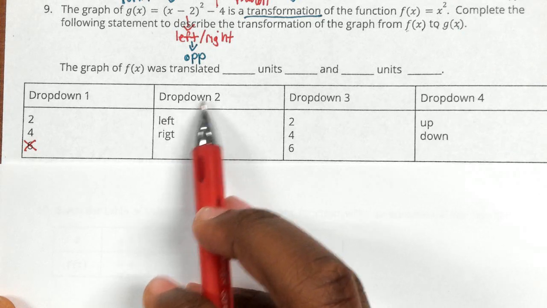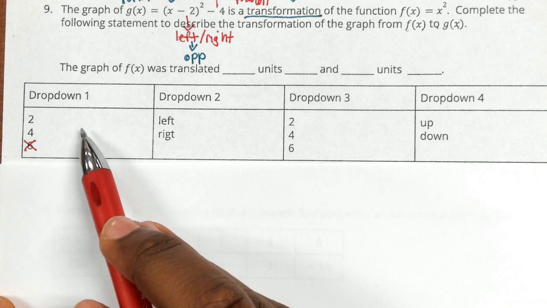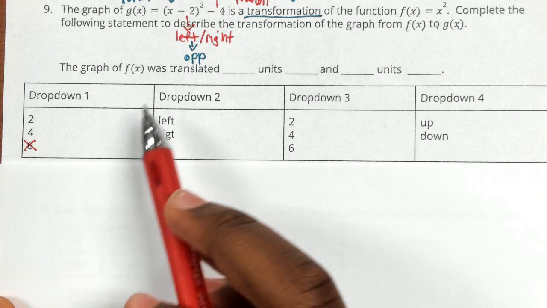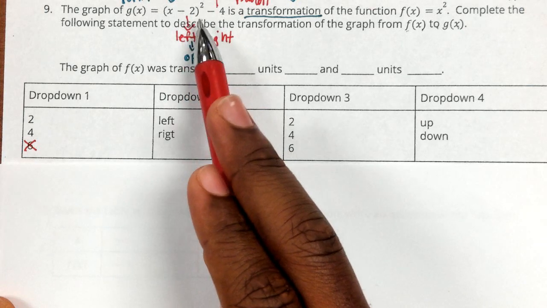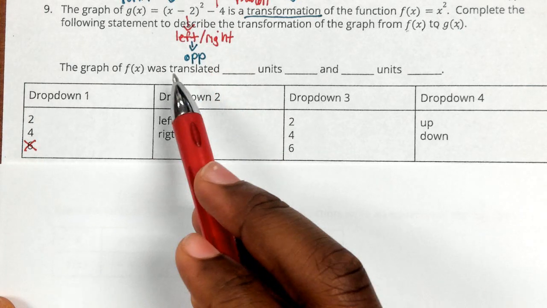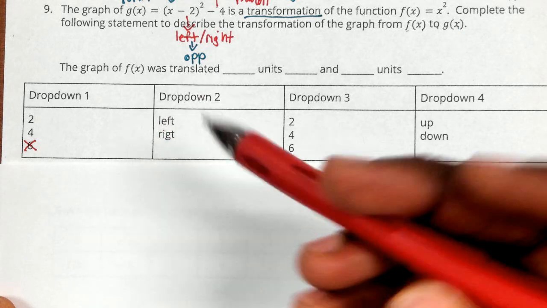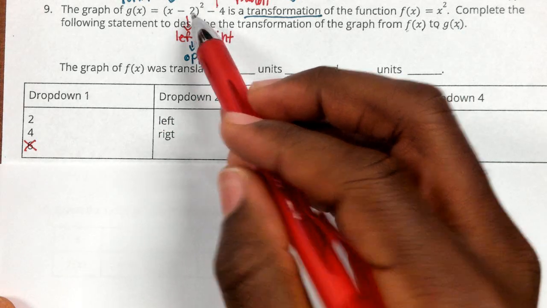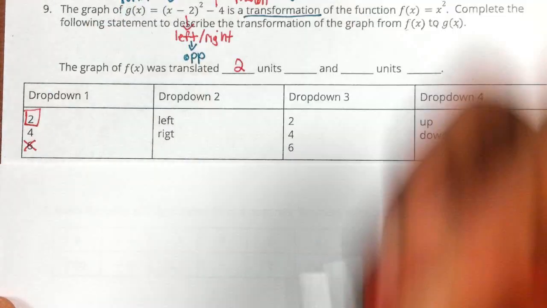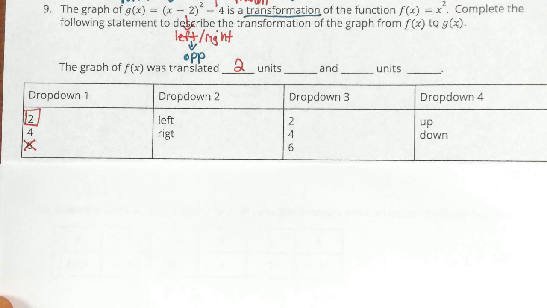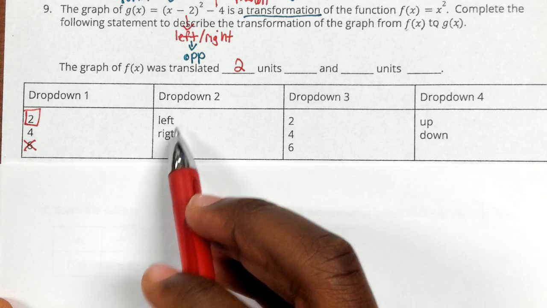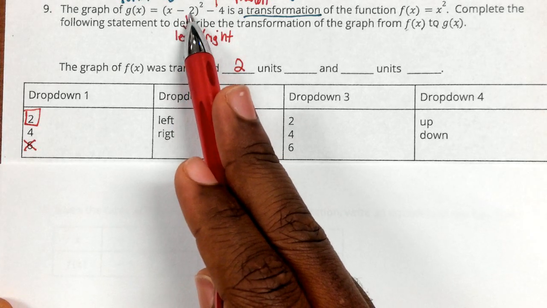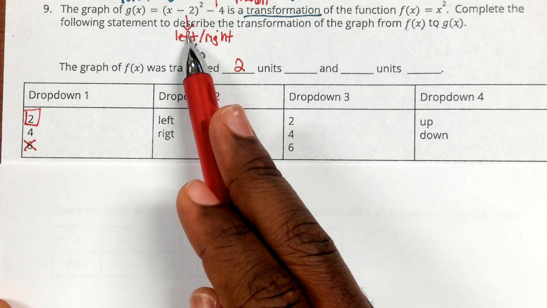Because my next drop down is left or right, I need to first talk about what is happening on the inside of my parentheses, because the inside of my parentheses tells me left or right. So when it says f of x was translated, the 2 is what's inside of the parentheses, so the 2 will be the units that I would be translated. Now I need to figure out if it's left or right. Here we see a negative 2.